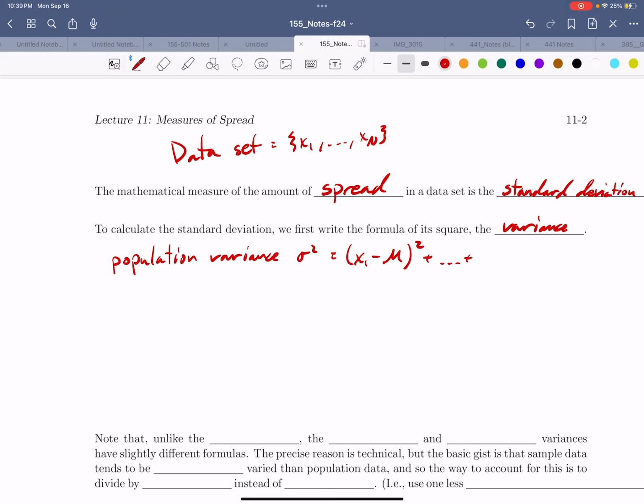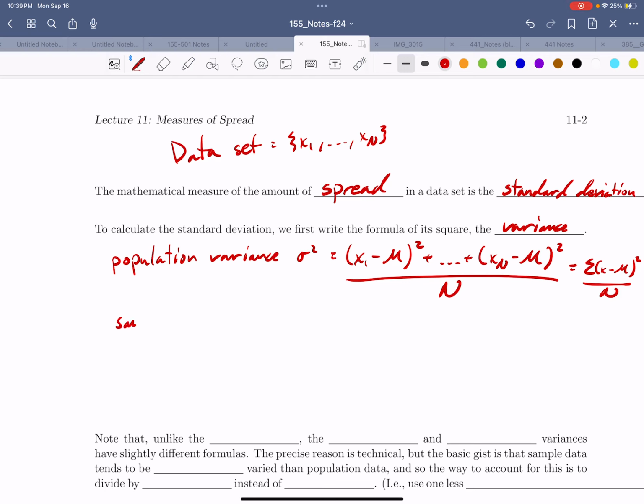We're just going to do that for every single data point. Note that we're finding the difference between each data point and the mean, and then we're squaring it. And then we divide by the total number of data points. You might also see it written in the book like this, but you don't need to worry about that. Just to let you know, if you look in the book, you'll see that.